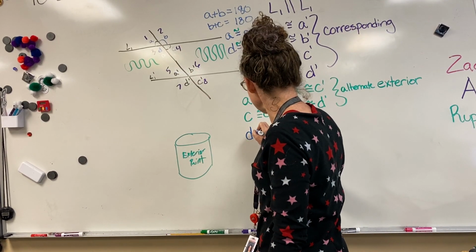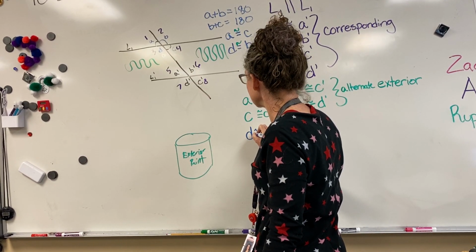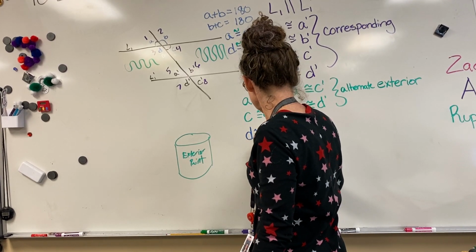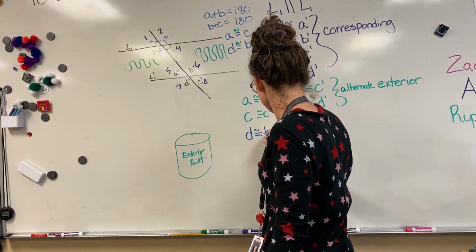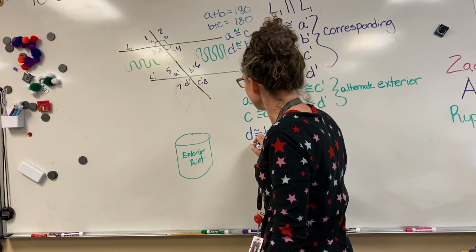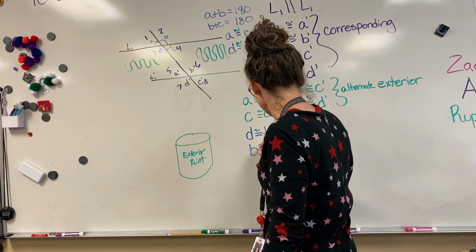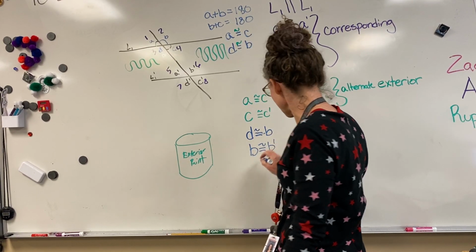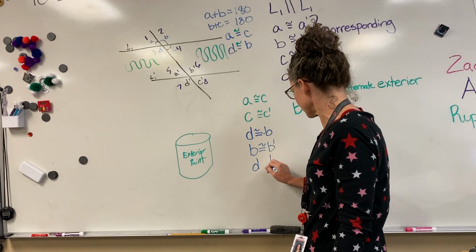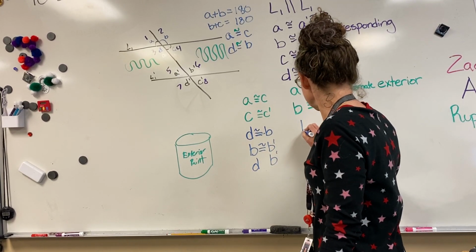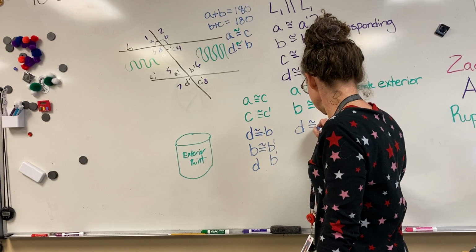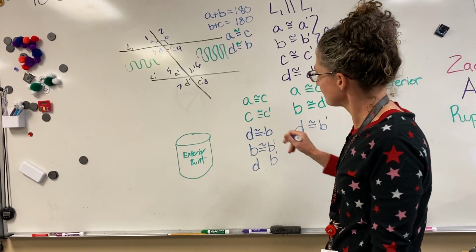So if D is congruent to B, and then B is congruent to B prime, what do I know about D and B prime? They're congruent. So D is congruent to B prime, okay?